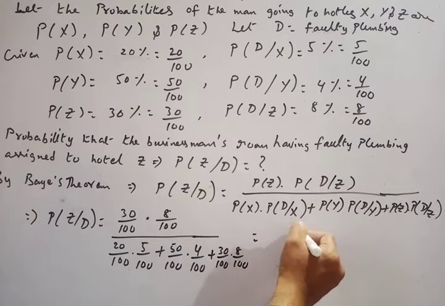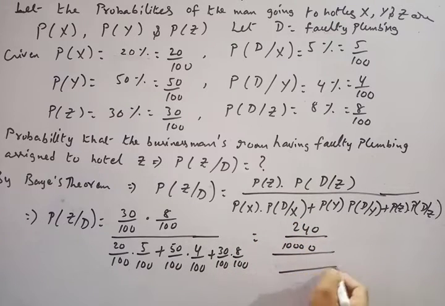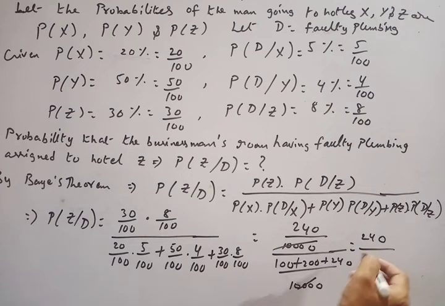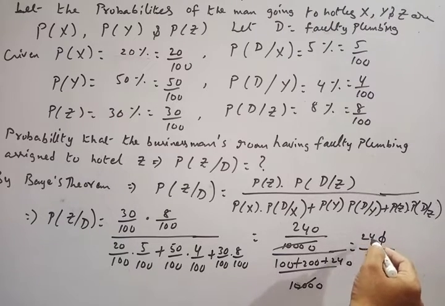That is 240 by 10,000 over, with 10,000 as the LCM, 100 plus 200 plus 240. The 10,000s cancel, so 240 by 540.